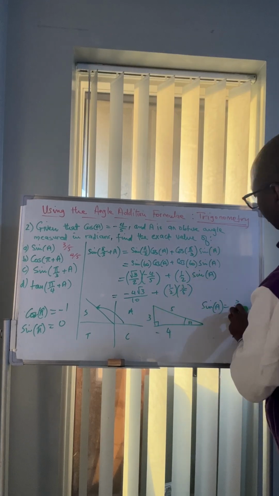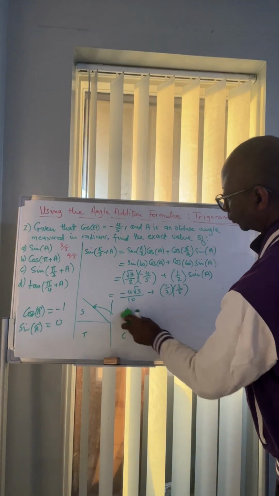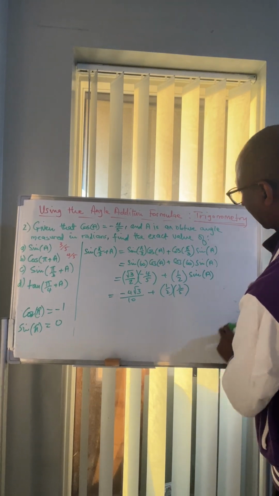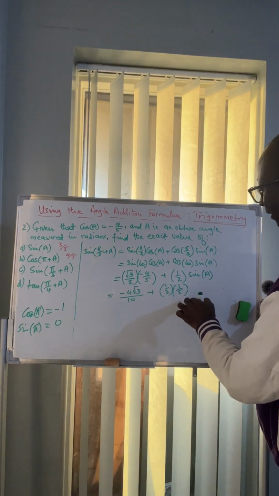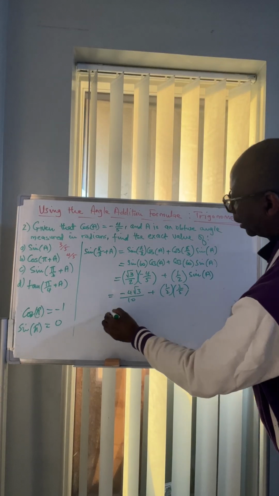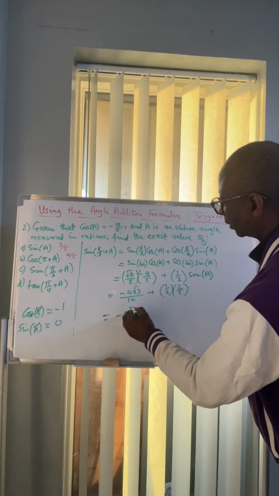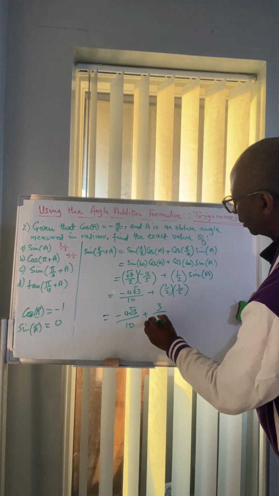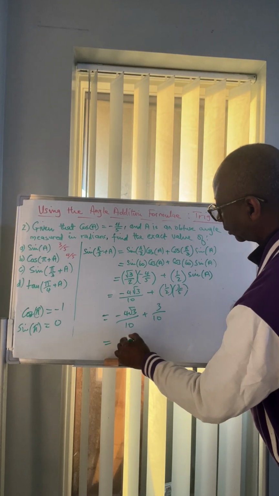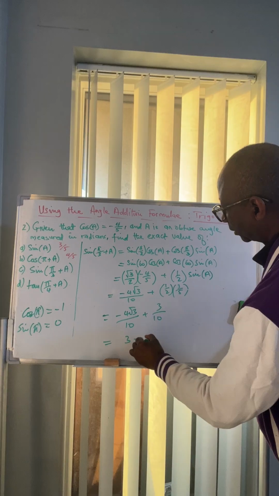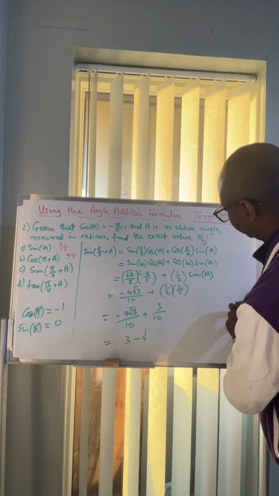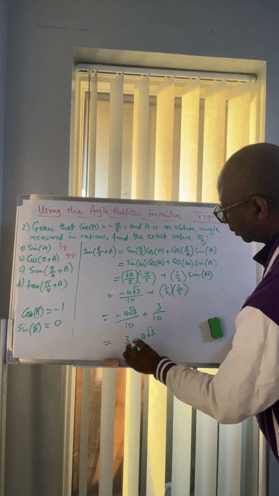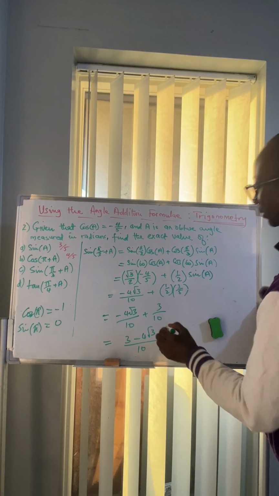So this gives us 3 all over 10. Yeah? So here you have minus 4 root 3 all over 10 plus 3 all over 10. So this boils down to 3 minus 4 root 3 all over 10. This is your final answer.